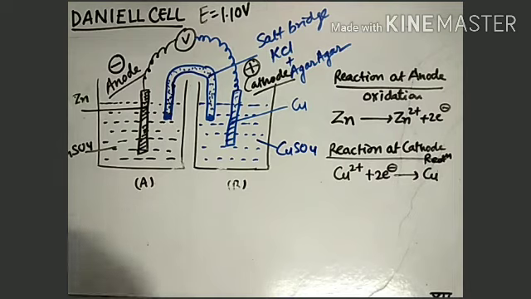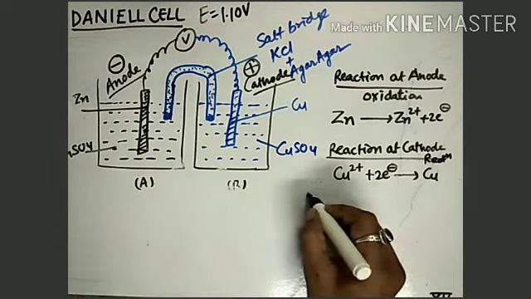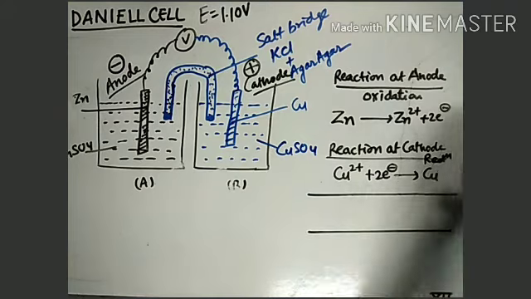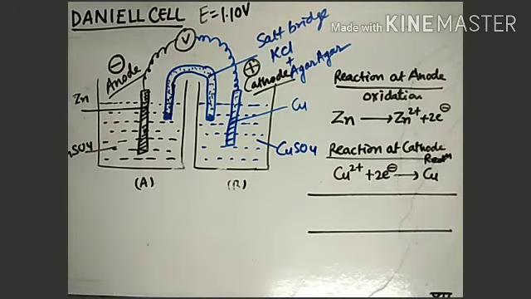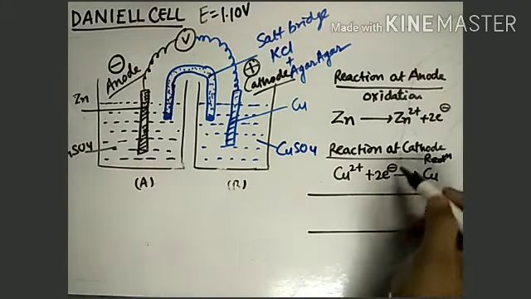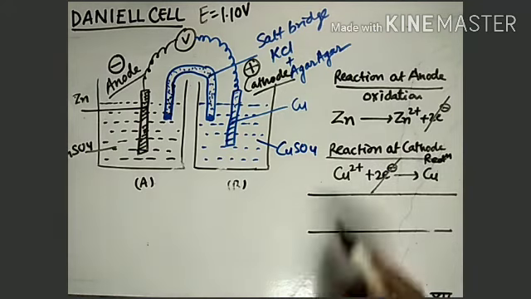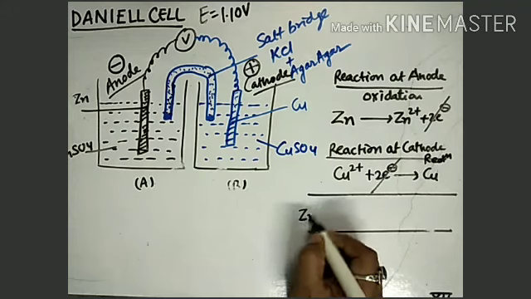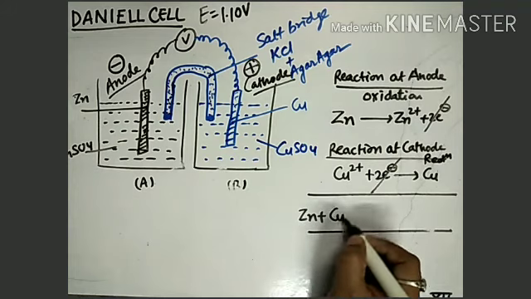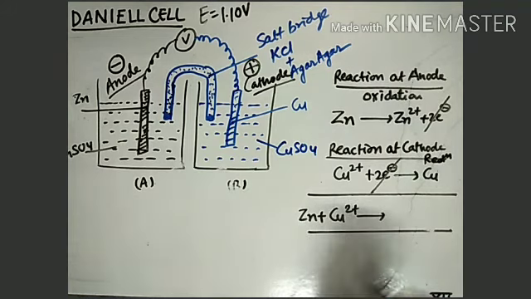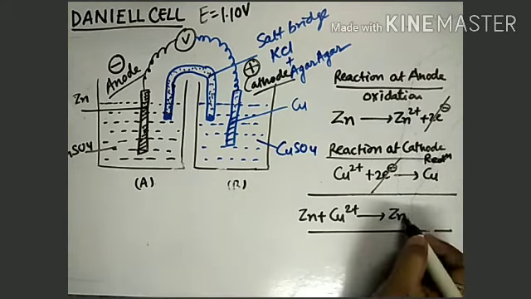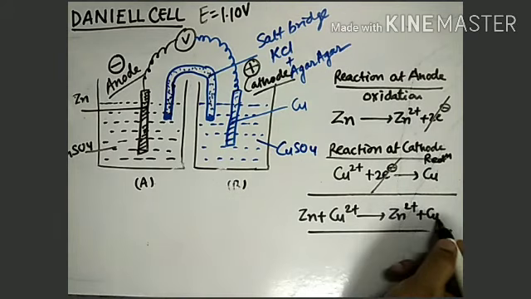So for the redox reaction taking place here, we are just adding both of the equations. Then you see that the 2 electrons and 2 electrons are cancelled, and the left hand portion, that is the zinc and Cu2 plus, actually gives Zn2 plus and Cu.